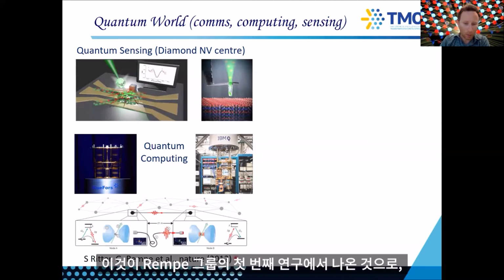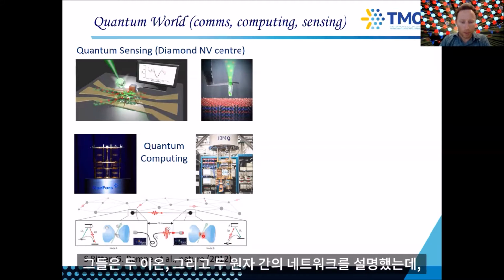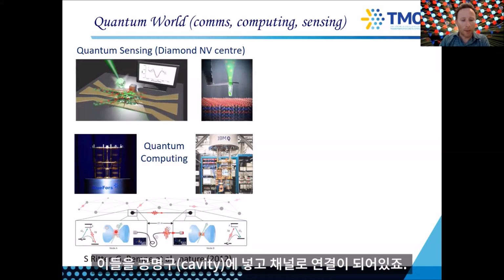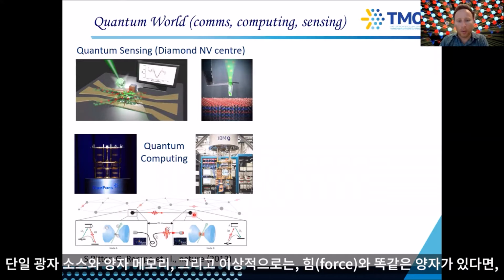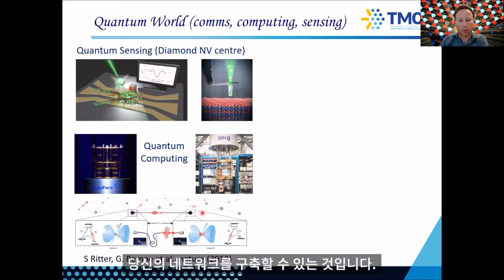This is one of the first works by the group of Rempe, and they demonstrated a network between two trapped atoms that are put in a cavity and interconnected with a channel. And so the vision really is you can build up an entire quantum network where in every node you will have access to a single photon source and a quantum memory, and ideally the photons will be identical, of course, and you can then construct your network.